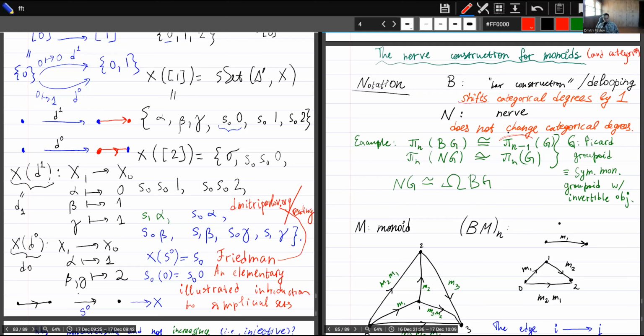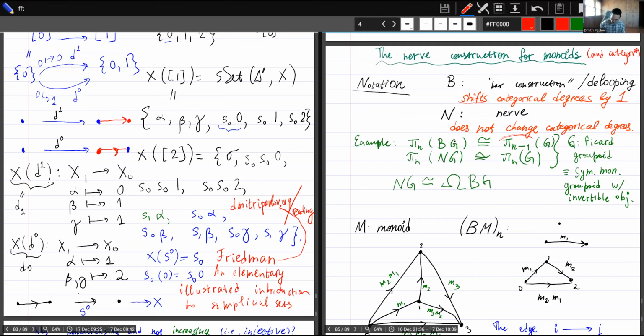For example, pi 0 of a groupoid is just the set of isomorphism classes of objects, and pi 1 is just the group of automorphisms of the monoidal unit. On the left side, we have certain simplicial sets, and we'll talk in detail about how to define homotopy groups of simplicial sets.